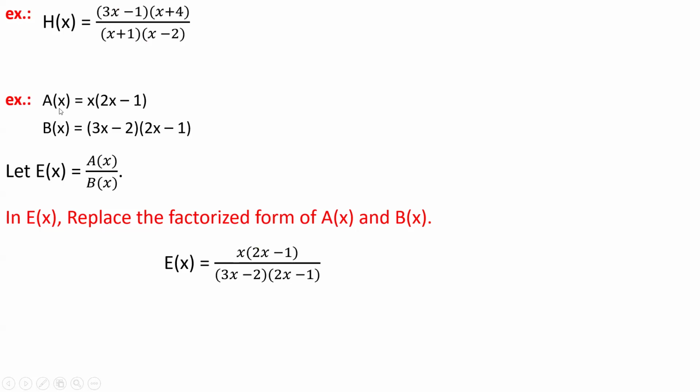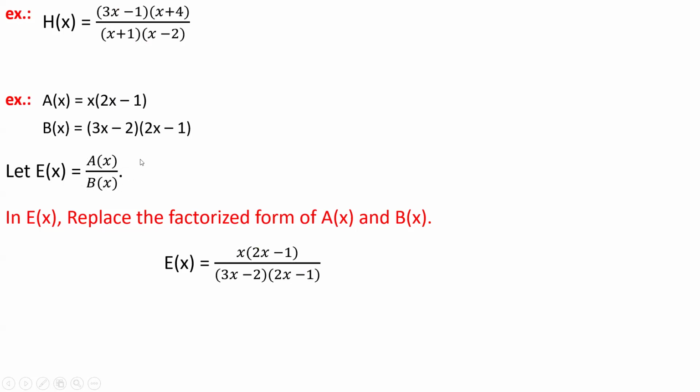Another example, if I gave you 2 algebraic expressions, a of x is x into 2x minus 1, it's factorized. b of x is 3x minus 2 into 2x minus 1. So a of x and b of x are both written in factorized form. And I told you, let e of x be equal to a of x over b of x.